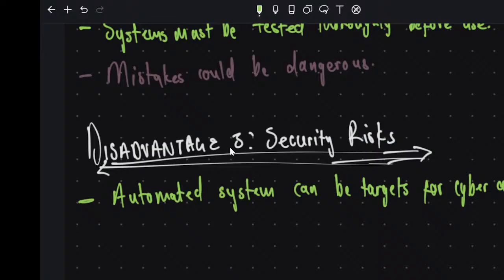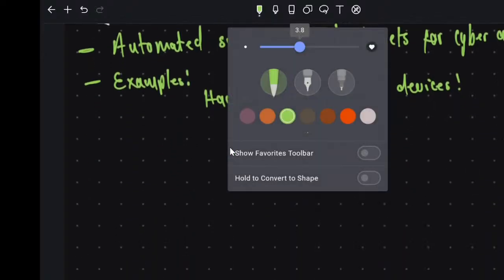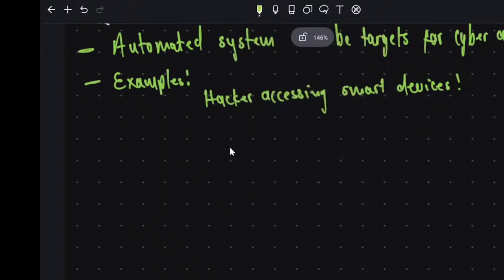They can be targets for cyber attacks. Examples: hackers accessing smart devices. Hackers. Are we together? You should know these. You should study them hard. You cannot forget.